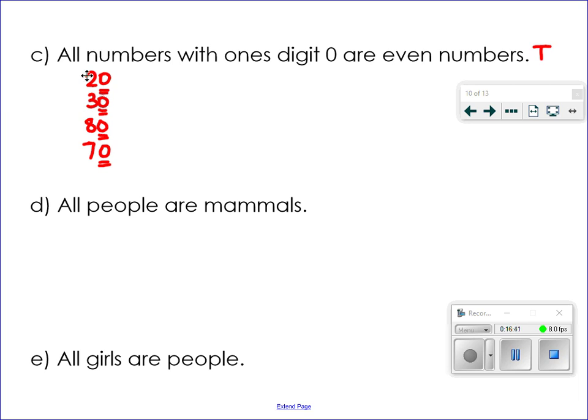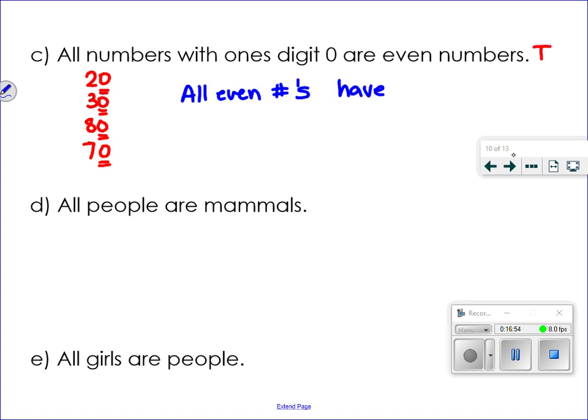What would be the reverse of that statement? All even numbers have 1's digit 0. Is that a true statement? Do all even numbers have a 1's digit that is 0? Well, no. Can you think of some counterexamples?